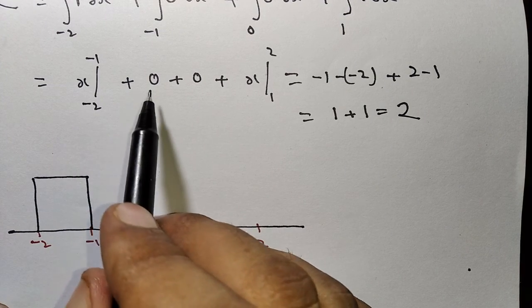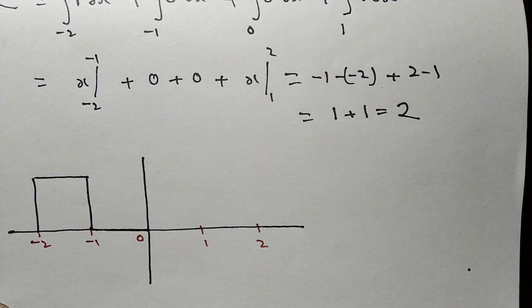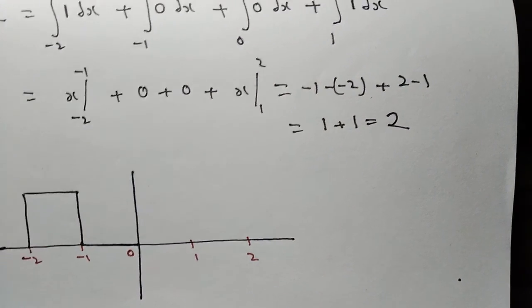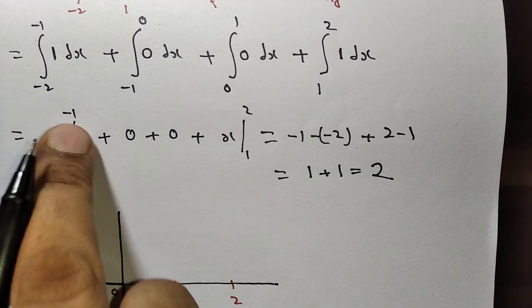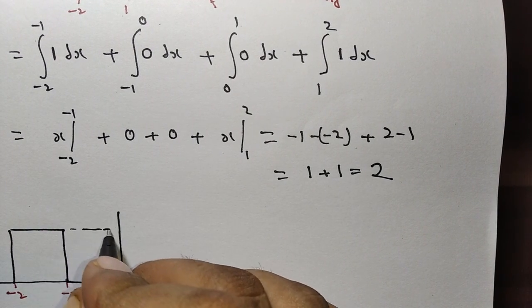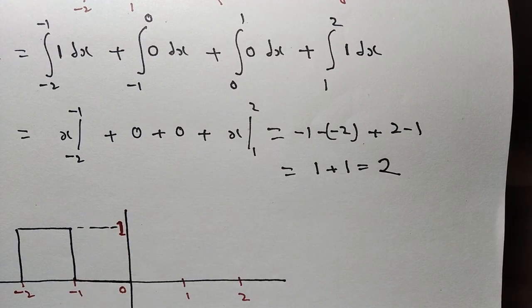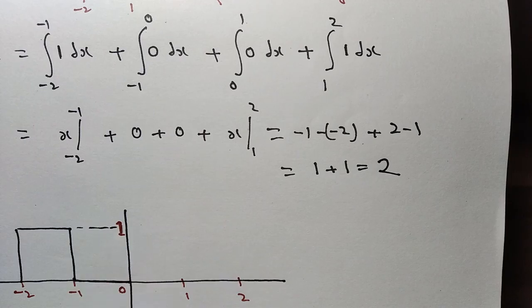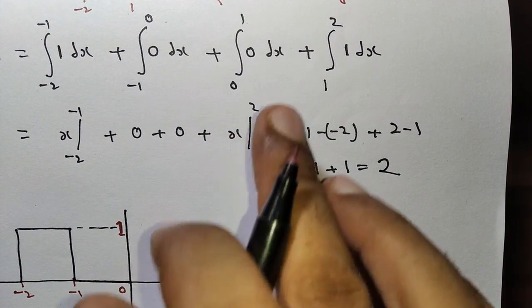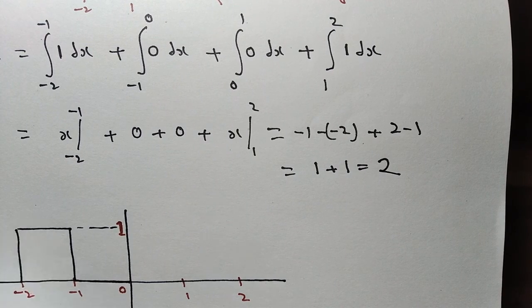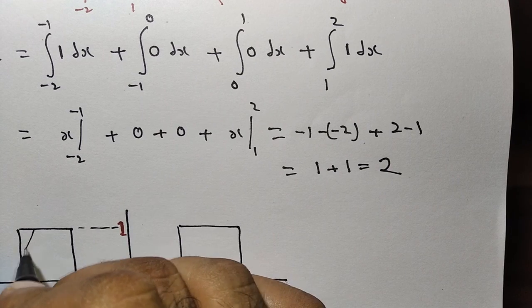When x is from minus 1 to 0, then y is 0. From 0 to 1, y is 0, and from 1 to 2, y is 1. So this is our area, and our total area is this.